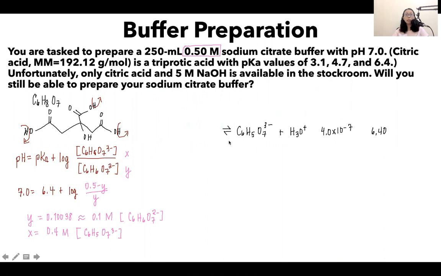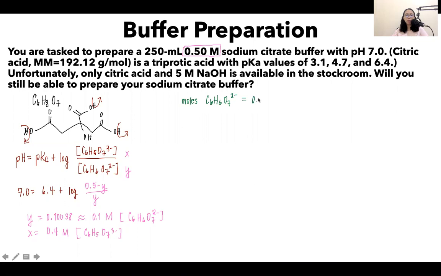How do we get the moles? We need the concentration and the volume, right? So moles of C6H6O7, which is the weak acid component.